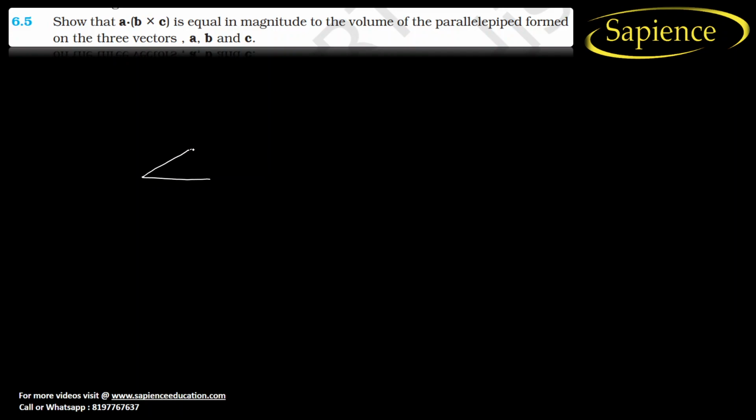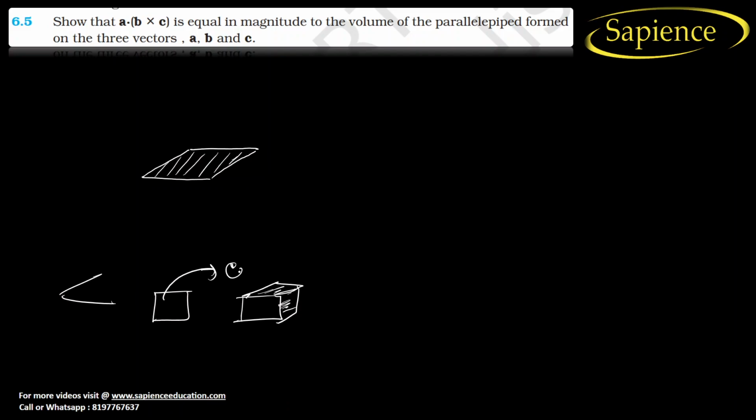Now consider a square, but as a volume. When we extend the square into 3 dimensions, the square becomes a cube.